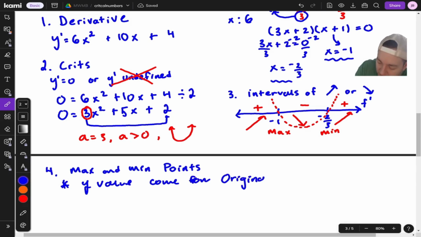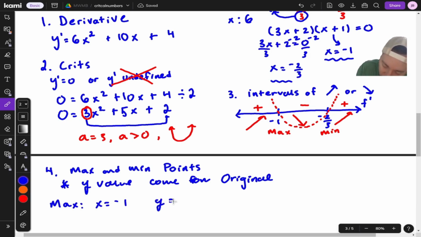So what that means is that original y equals is where all the y points come from. Do not go back to the derivative. If you go back to the derivative, it's going to give us 0 because that's what we found those values come from, right?